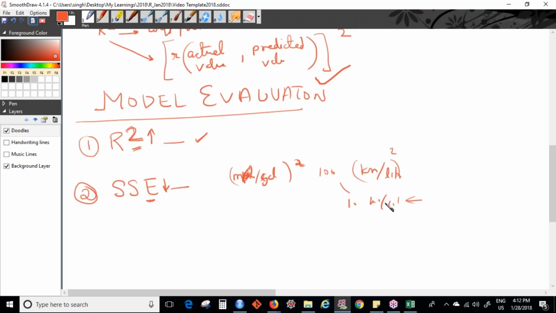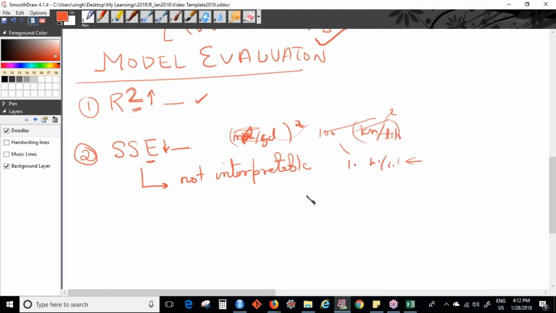This will be a better term to understand than this. This is rather confusing. Square of the units. Okay. So the sum of squared error is not interpretable. That is a disadvantage. Sum of squared error is not at all interpretable.